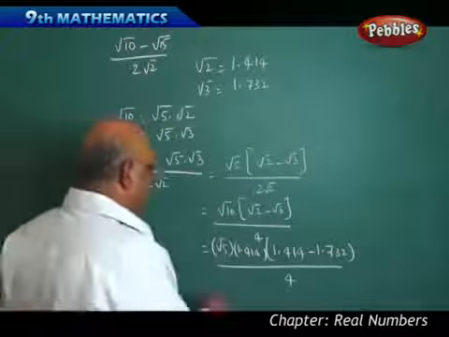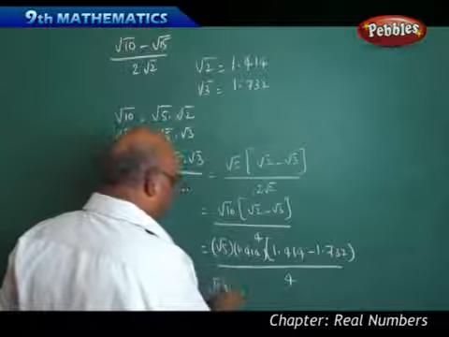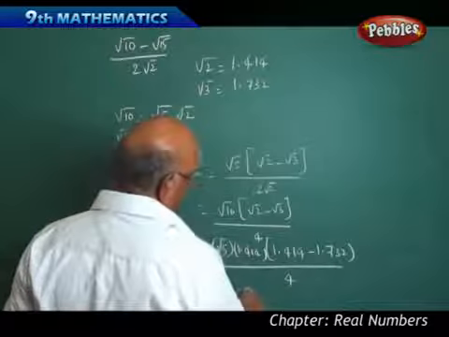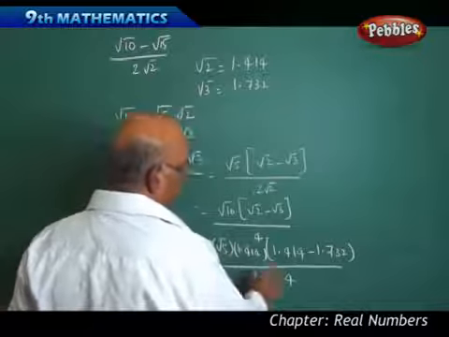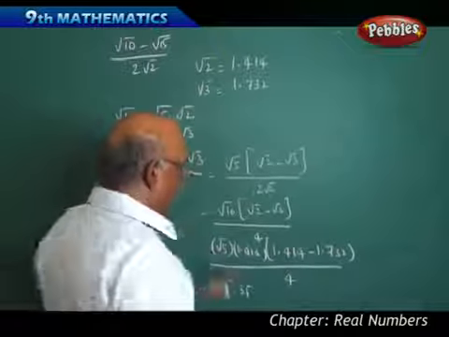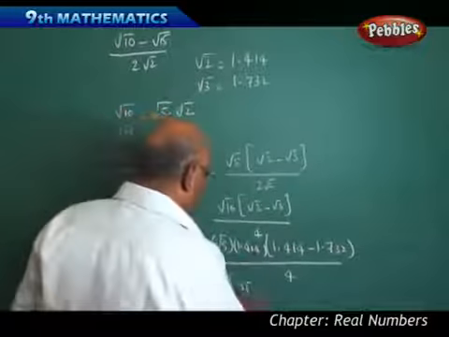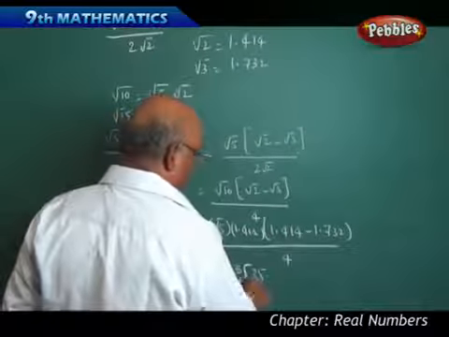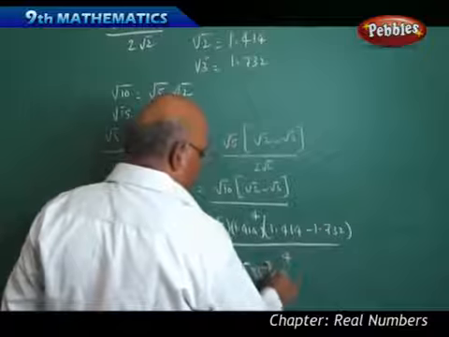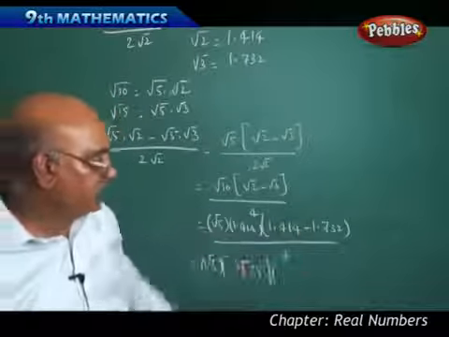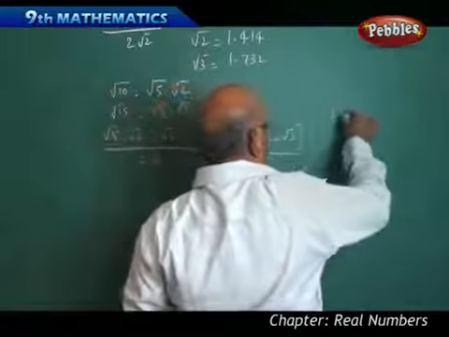Approximately, we are going to get like this. Root 5 into, if I divide by 4, 0.25. Therefore, 0.25 into (1.414 minus 1.732), approximately.